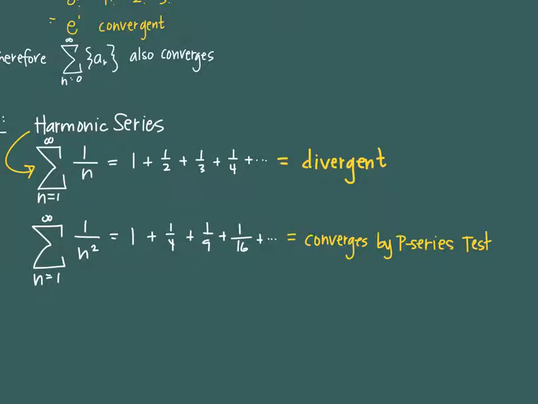The other one was bigger, so there's no comparison we can make. I'm telling you that the harmonic series is divergent right now. I will prove it to you on a day where we have more time. But you'll need to know the difference between those two. If the power is equal to 1, it's divergent. If the power is greater than 1, it will converge.